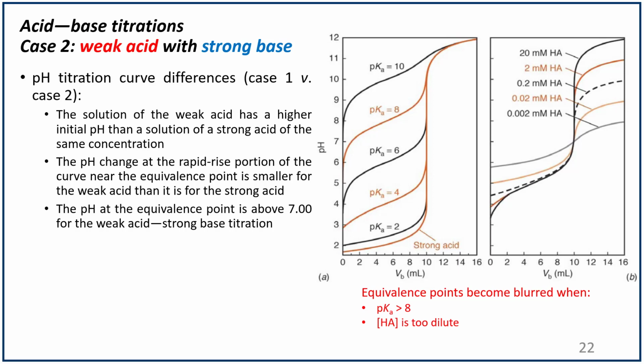Or another way to say that, remember that an increase in pKa actually means a decrease in Ka. So the weaker an acid is being titrated with a strong base, then this rapid rise at the equivalence point becomes more blurry.